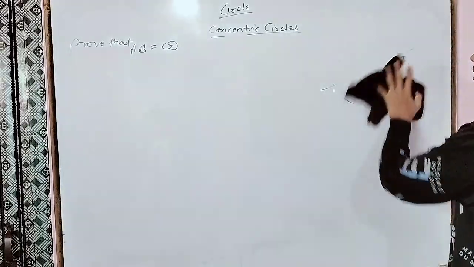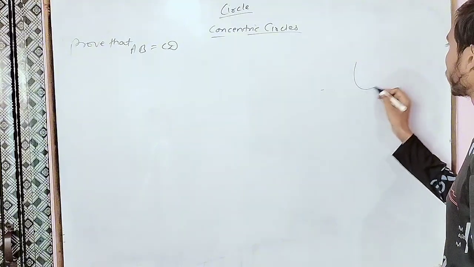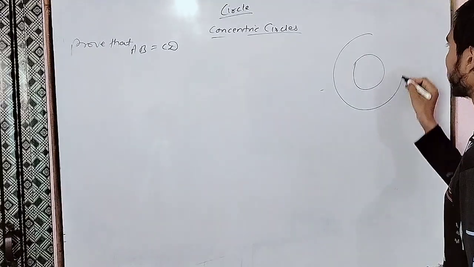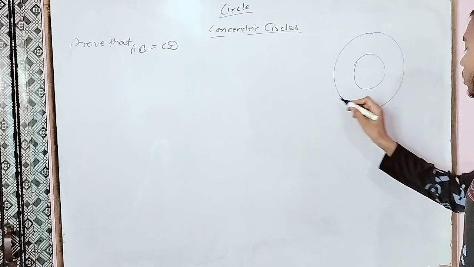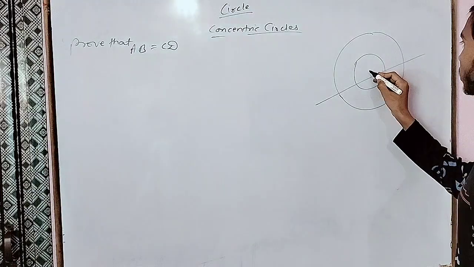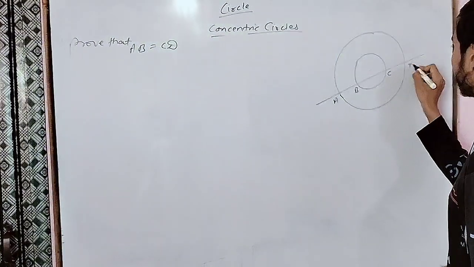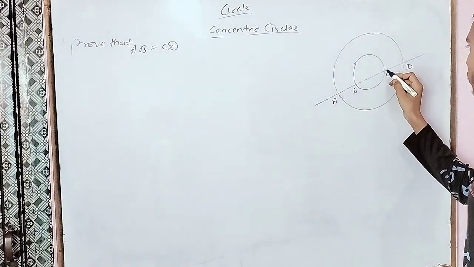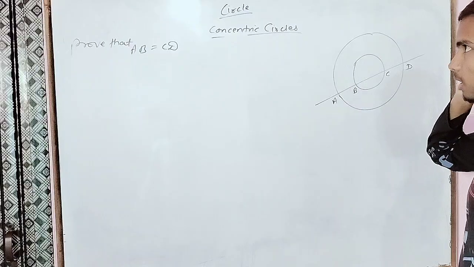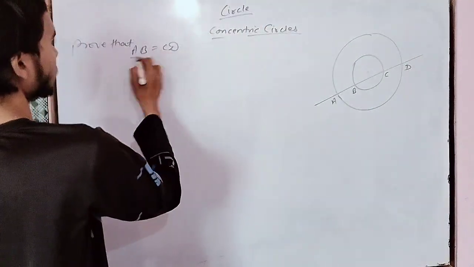The question is not saying that it passes through the center. The question is saying there are two circles, and the line is intersecting both of them like that. This is the center. Now the measure of this side is equal to the measure of this side. AB is equal to CD. We have to prove this.